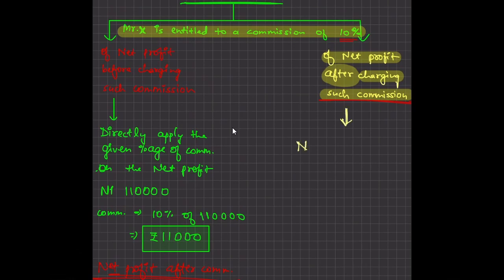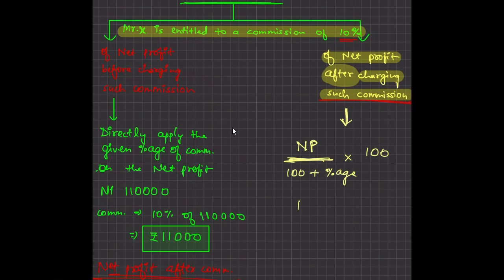Whatever is the net profit, you divide that net profit by 100 plus the percentage of the commission and multiply it by 100.